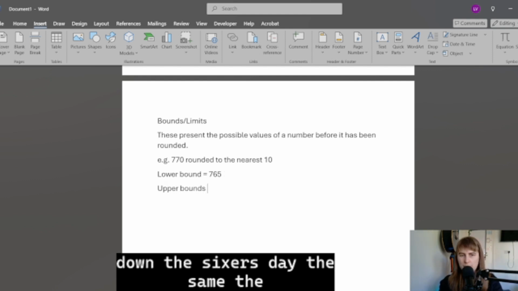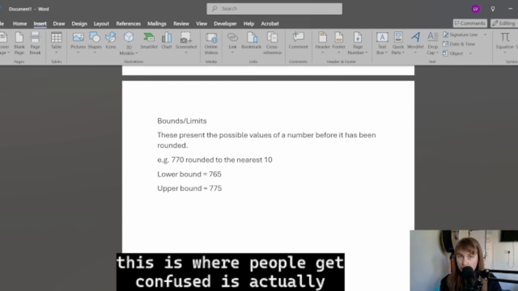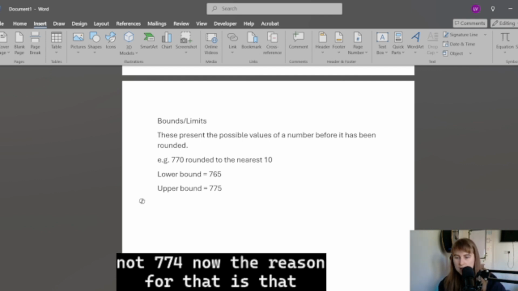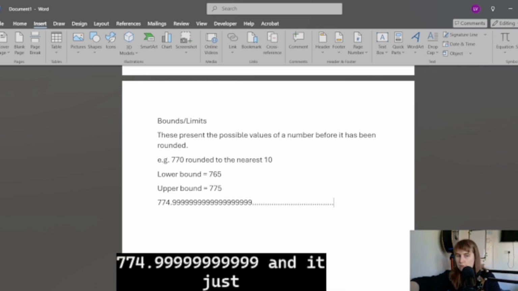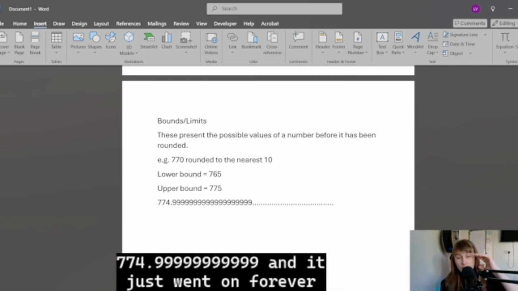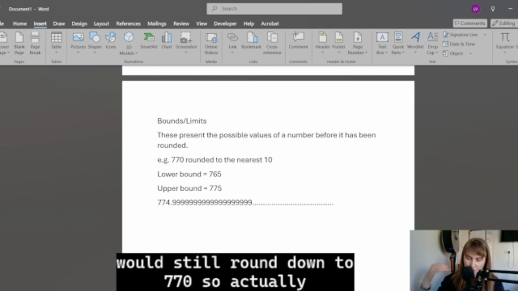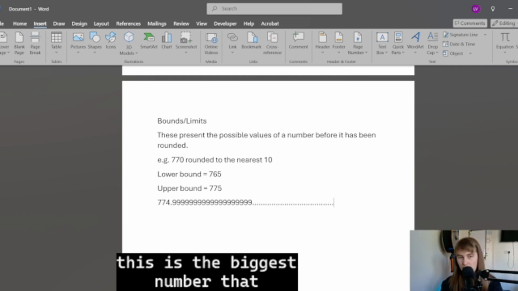The upper bound, however, this is where people get confused, is actually 775, not 774. Now, the reason for that is that, let's say we had 774.999999999999999, and it just went on and on and on forever, that would still round down to 770. So actually 774 is not the biggest number. This is the biggest number, that infinite number of nines.